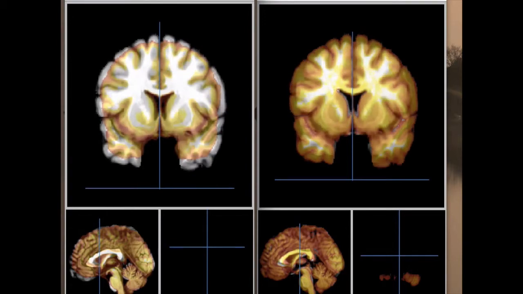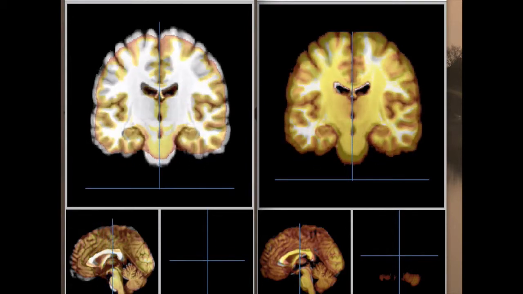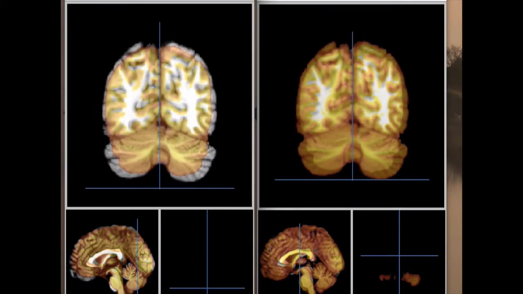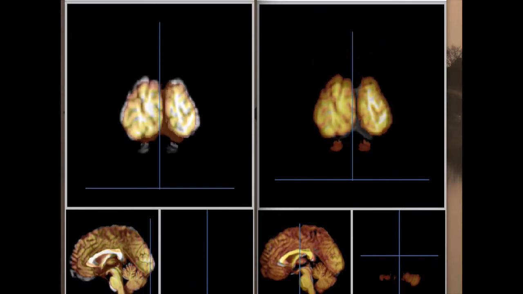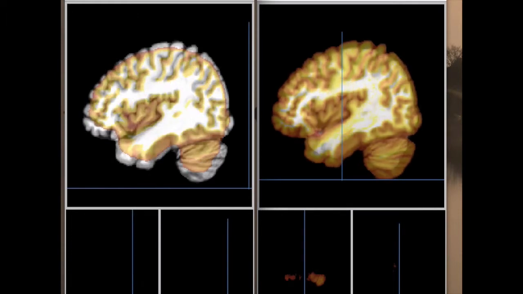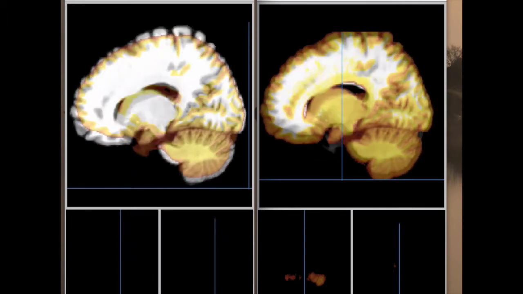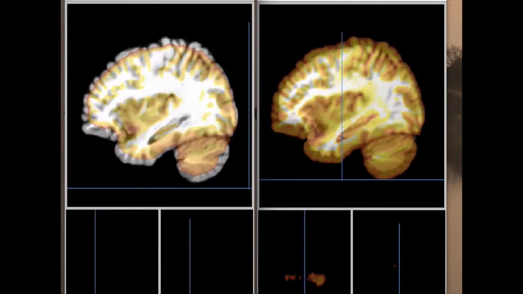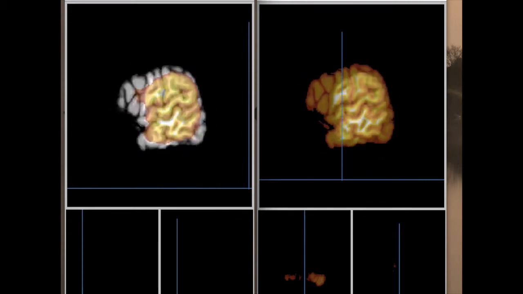MNI space has been called Talairach-like. The two are similar enough you could mistake one for the other, but they're different. MNI space has a larger bounding box because the averaging process made a sort of composite image, which was larger than most brains. MNI space was developed using different anatomical landmarks for registration, so the AC is 4 millimeters below origin, and the y-axis is tilted in a nose-down direction.